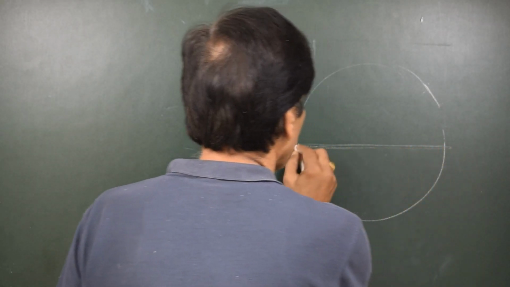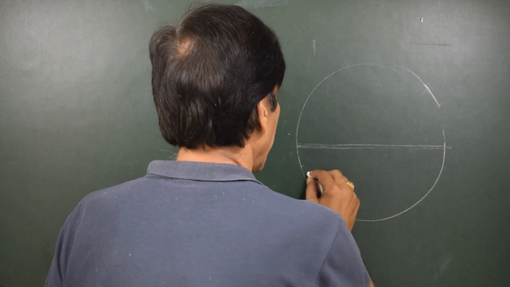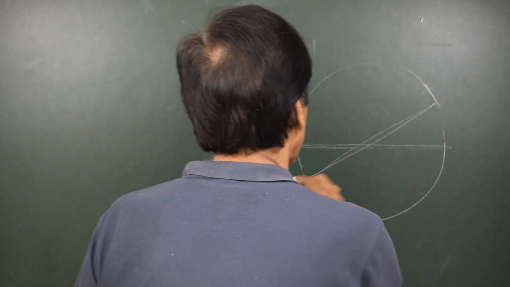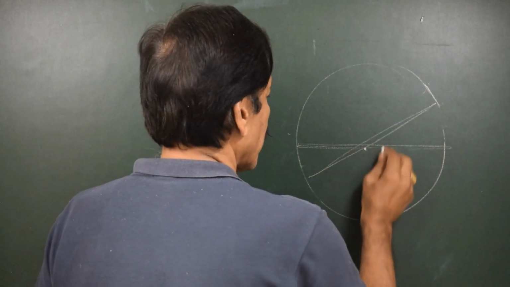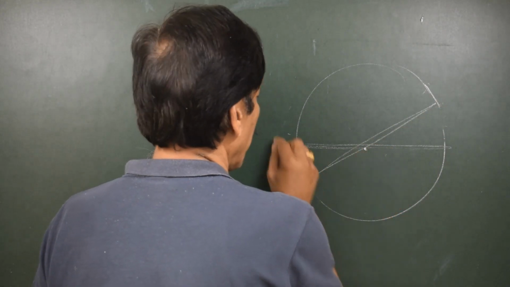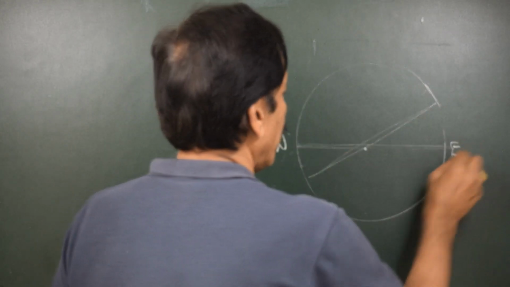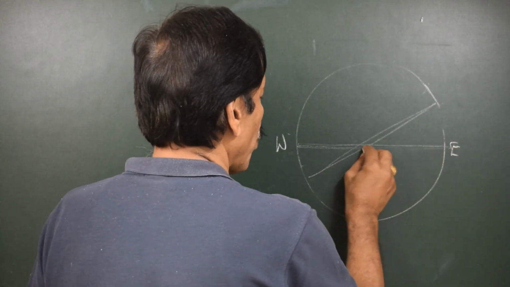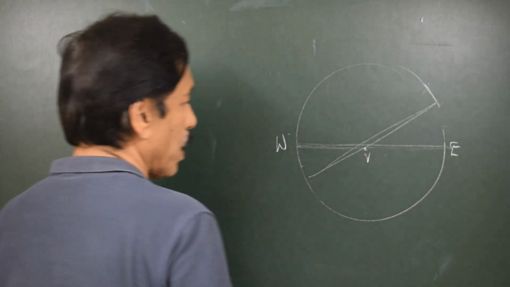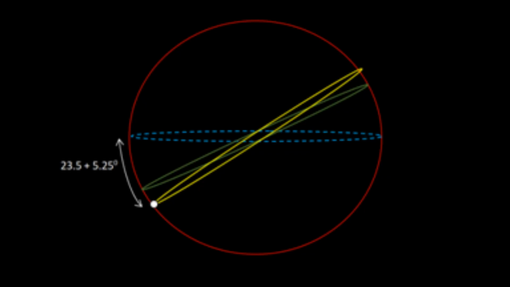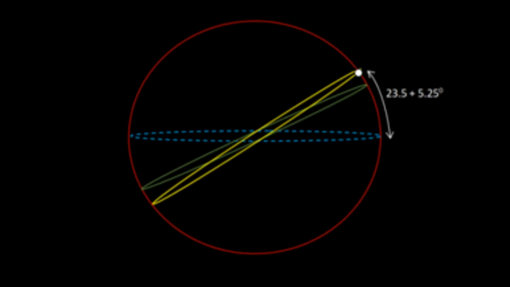Let's consider a situation. Suppose this is the equinoctial, and let's say this is the ecliptic. This point should have V written here, west and east. This point should be the first point of Aries. Now let's take a situation where the ascending node, where the moon's orbit goes from south of the ecliptic to north of the ecliptic, is in line with the first point of Aries.